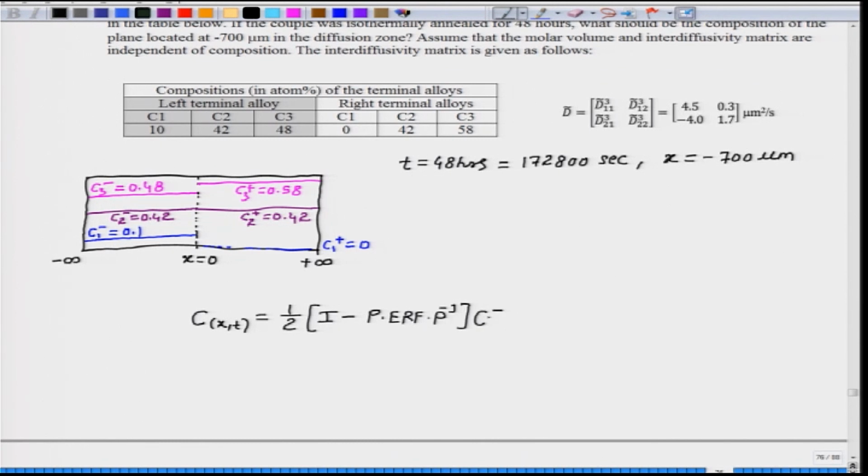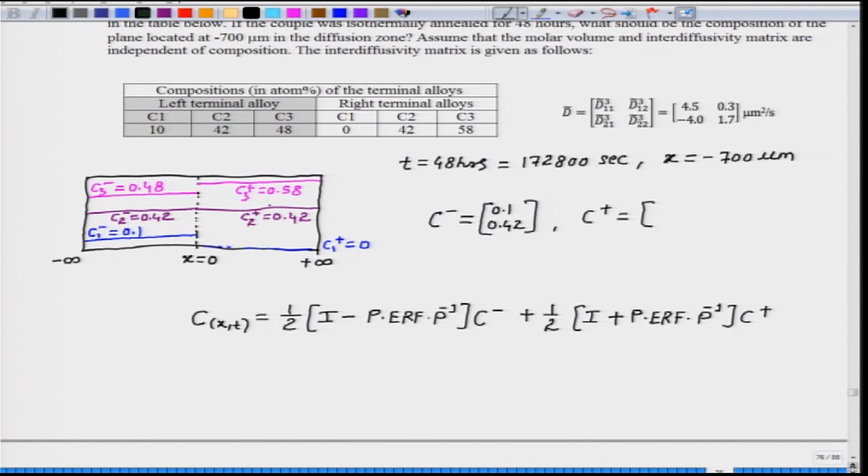C minus is the column matrix of independent concentrations in the left terminal alloy. So, C minus would be 0.1 and 0.42, plus 1/2 (I plus P times ERF times P inverse) times C plus. C plus is the column matrix of independent concentrations in the right terminal alloy. So, this should be C 1 plus and C 2 plus, which is 0 and 0.42.